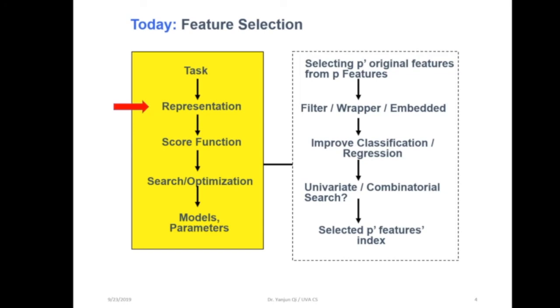Do you select one feature at a time, or do you select a subset of features together? Then how do you select a feature subset from a set of P features? If you still remember your algorithm class, selecting subsets from a set is a classic combinatorial search task.